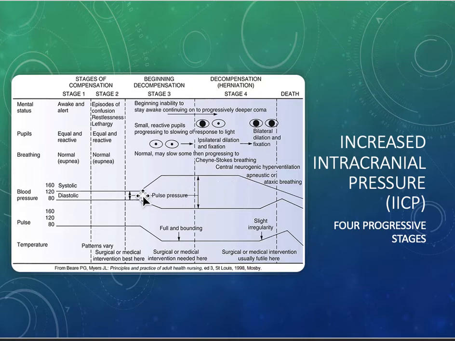We also have a widening pulse pressure, meaning that the systolic goes up and the diastolic goes down, because remember, your pulse pressure is the difference between the two. And as the pulse pressure increases, then we may see changes in the heart, in the actual pulse rate itself. Okay. This is not going to be as diagnostic though as these right up here. Okay. The mental status, the pupils, and then the breathing.